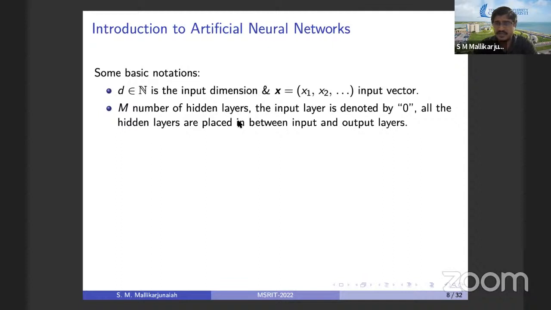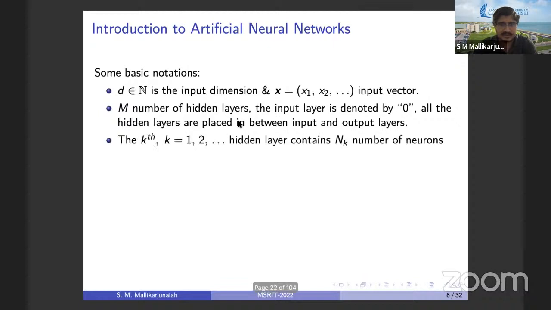The M-2 layers in between are called hidden layers. Now every layer except the first and the last has what are known as neurons stacked on top of each other. They receive information from their previous layer and they pass information to their next layer.